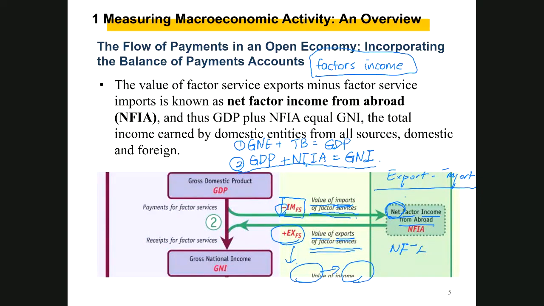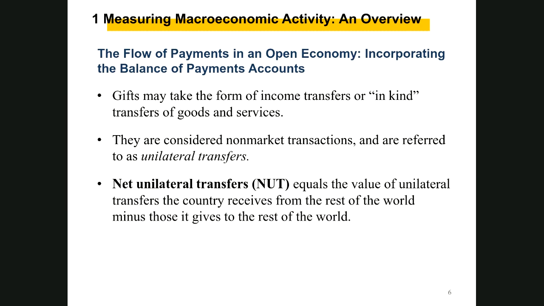And one more thing we need to consider is called transfer. Okay, so transfer means what? Transfer means non-market transaction. You can treat it as a gift, right? It's something not related to your production, but you still get it. For example, during a financial crisis, the World Bank or IMF will give packages to the countries that are involved in the crisis. That's a kind of transfer.